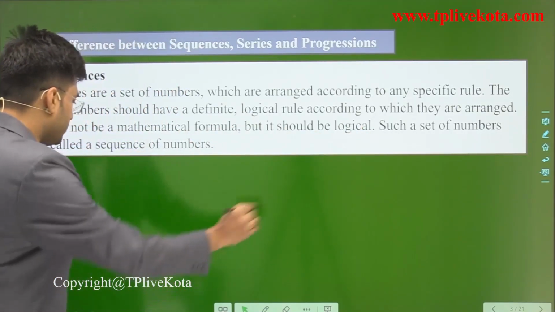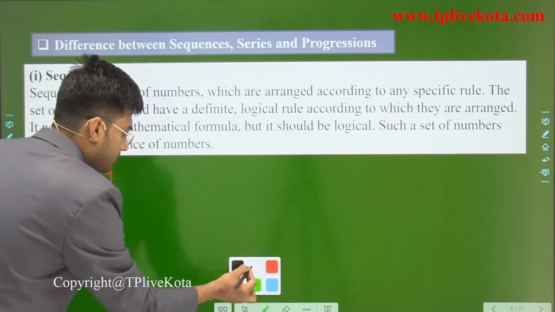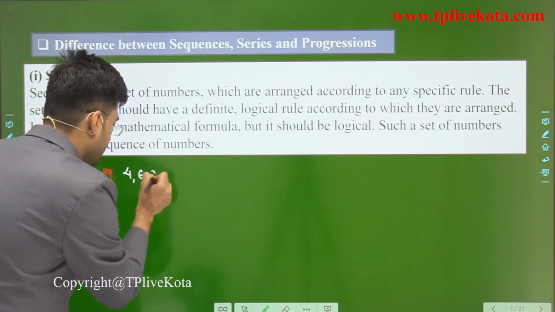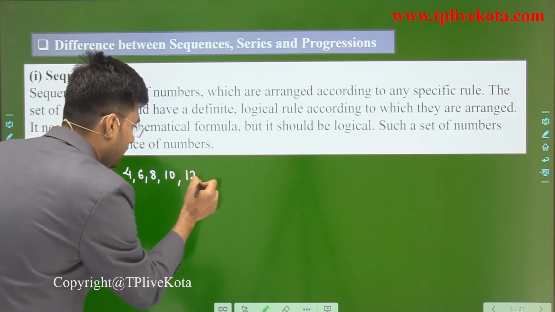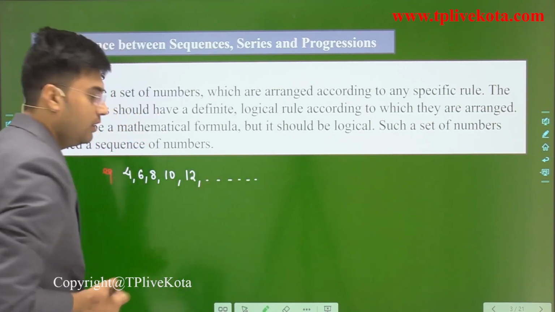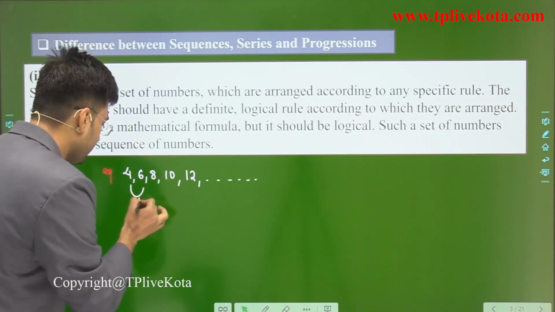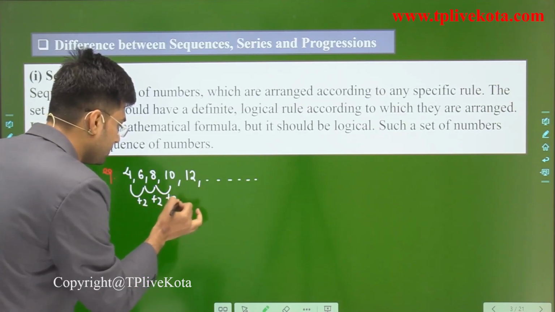For example, students, if I write 4, 6, 8, 10, 12 and so on, this is a sequence, and here we add 2 to the previous term.